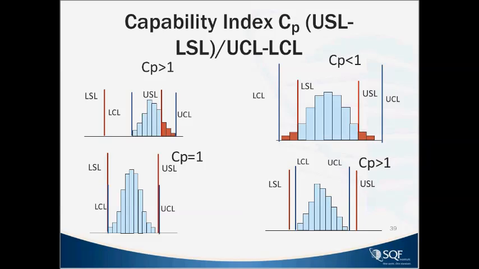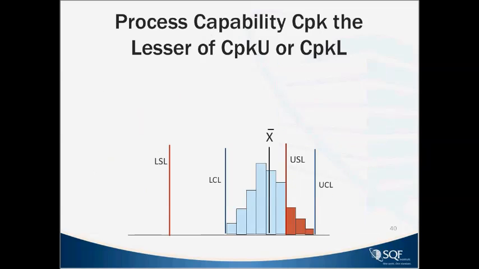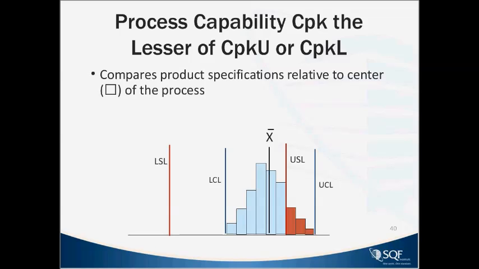Now, I'm just pointing out that Cp is commonly used for these calculations, but Cpk is a more accurate way of showing the same process capability. In this case, you've got to calculate 2 different ways, one on the upper side and one on the lower side.